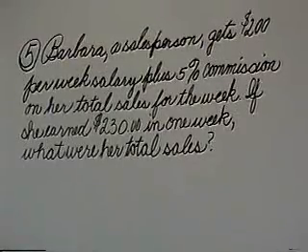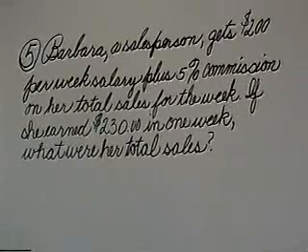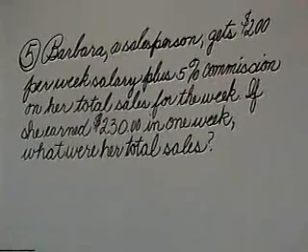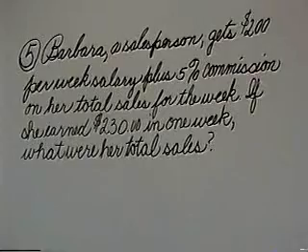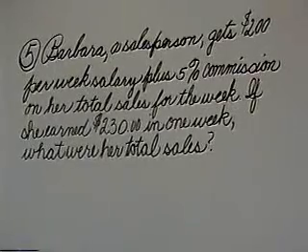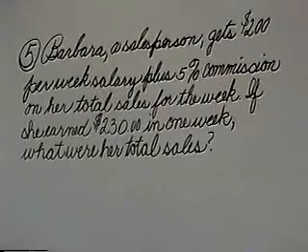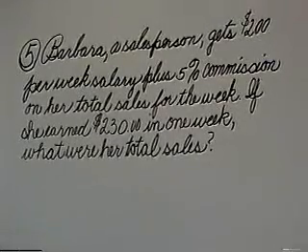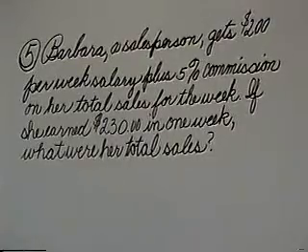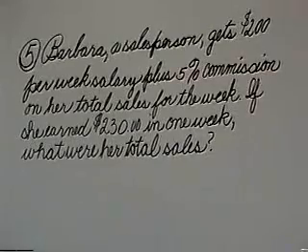Looking at problem 5, it says Barbara, a salesperson, gets $200 per week salary plus 5% commission on her total sales for the week. If she earned $230 in 1 week, what were her total sales? Now let's go back. A salesperson gets $200 per week salary. That's just a basic.